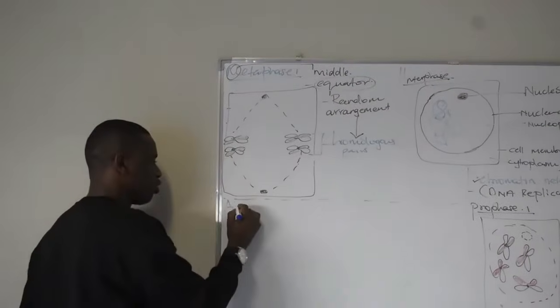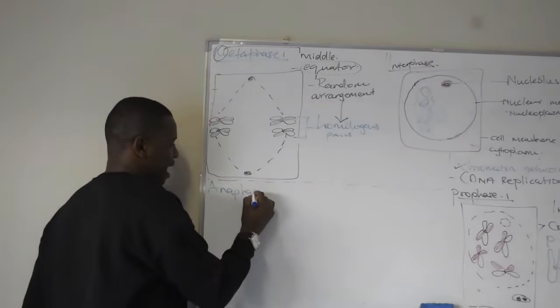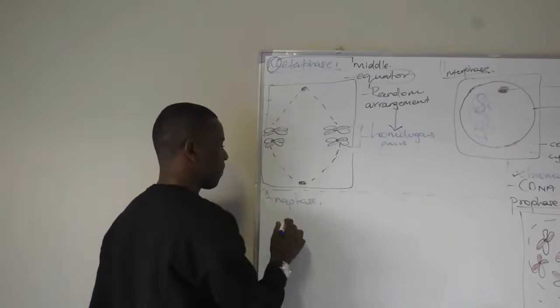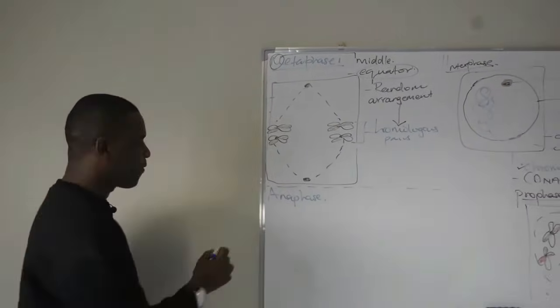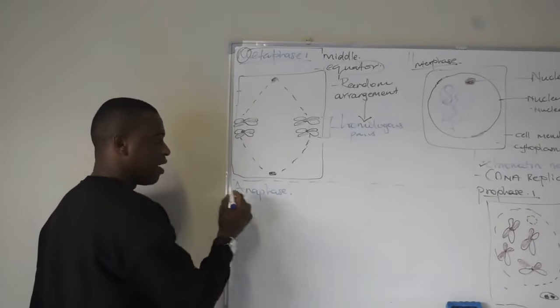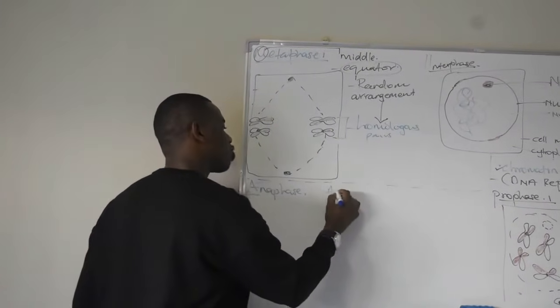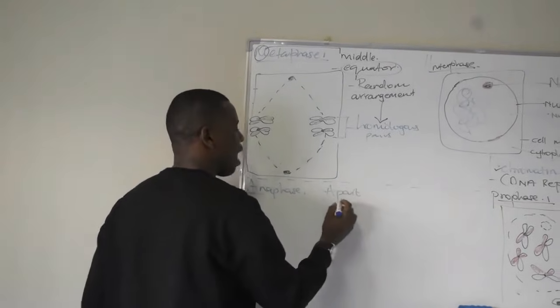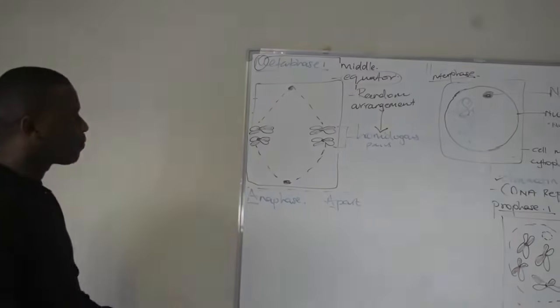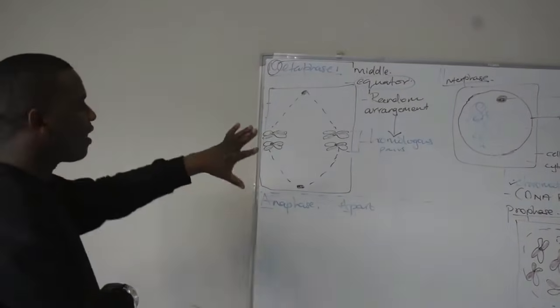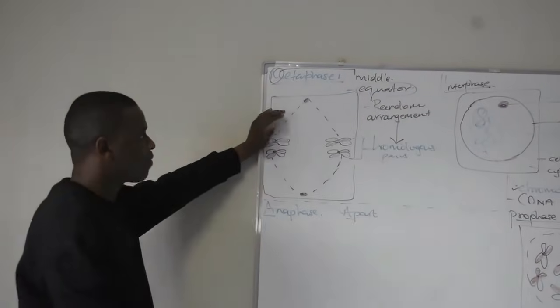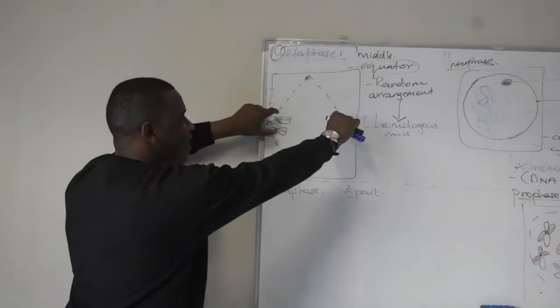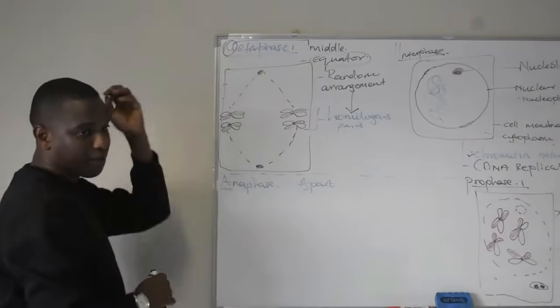We go to anaphase. Now I said anaphase tells us the chromosomes will be moving apart. Now, if you look at the structure above, you see that the chromosomes are held by spindle fibers.